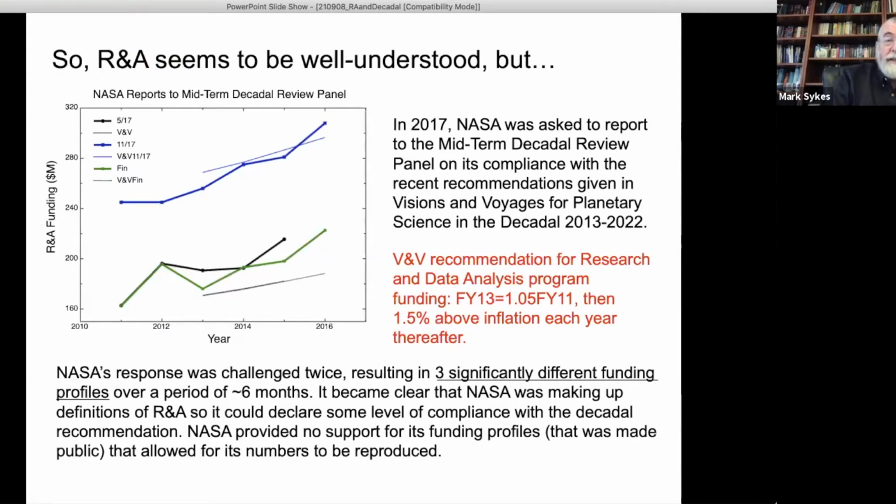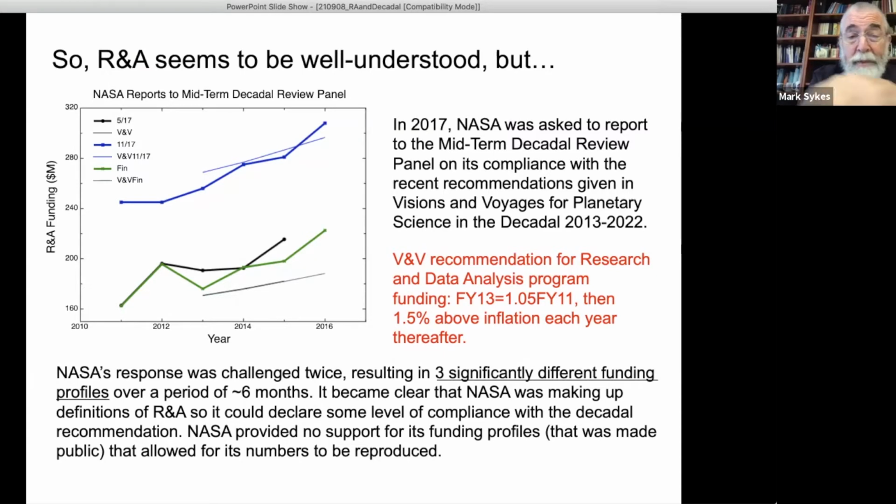And this is something I've brought up in the past, that there was a midterm decadal review panel where NASA Planetary Division was asked to say how well they complied with the decadal recommendations for funding. And they came out with one plot, which was the one on the top. And it was challenged.